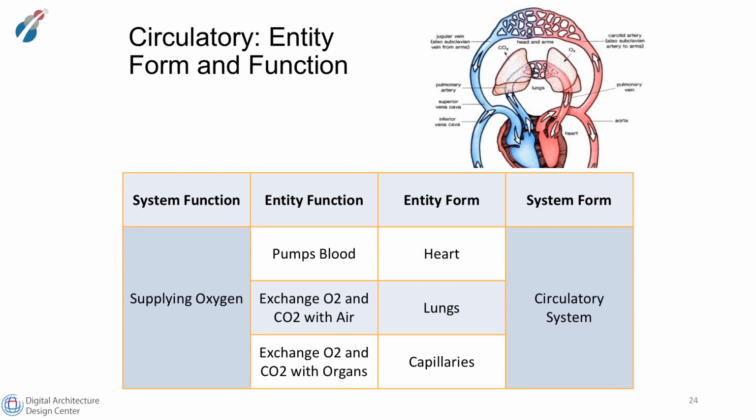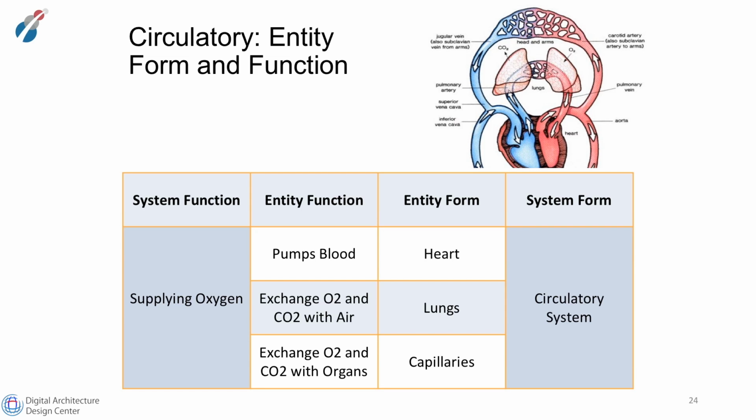If we think about the circulatory system, we have the heart, it pumps the blood. We have the lungs, they exchange oxygen and CO2 with the surrounding air. And we have, of course, the capillaries, which exchange as well the oxygen and CO2 with the organs, on the other side of the lungs.